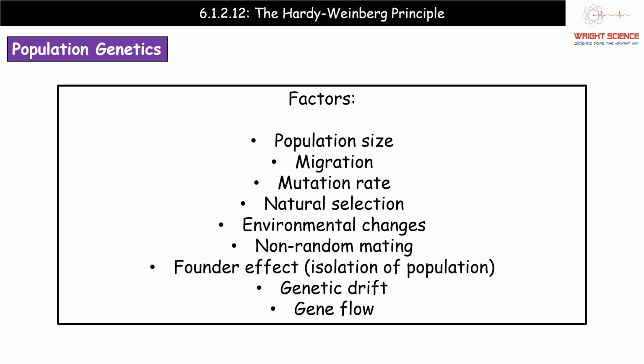There are several factors that we need to bear in mind here: population size, migration, the rate of mutations, any environmental changes that are happening, the founder effect, etc. The list goes on, you can see them all here. These are all factors that are going to influence the alleles that are present within a population at any given time.